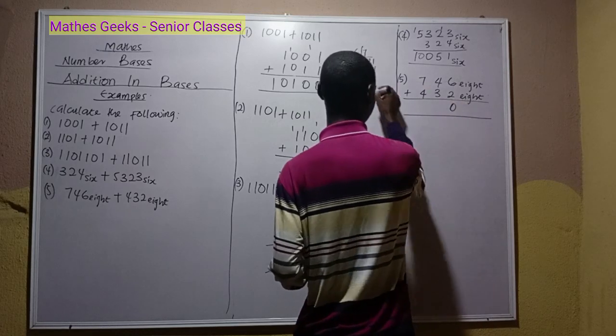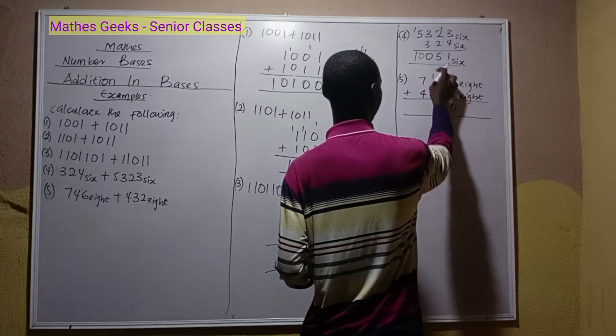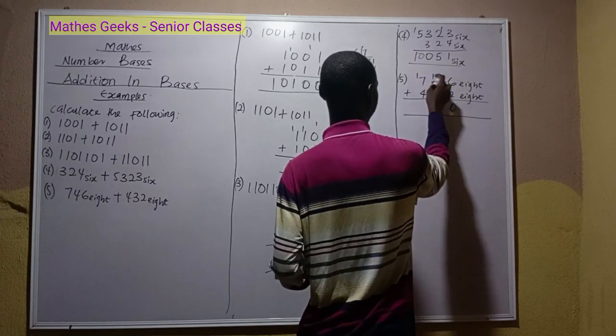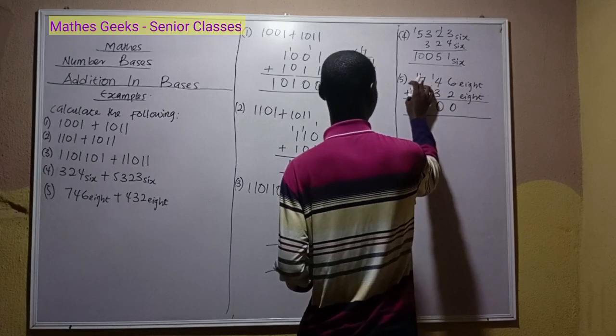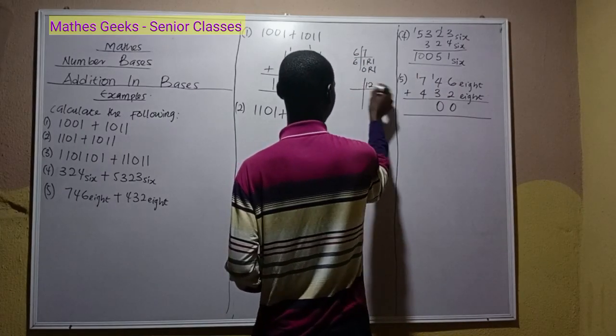Write 0, carry 1 over. 4 plus 2 is 6, plus 1, 7. 7 plus 1 is 8. So it's 10. Write 0, carry 1 over. 7 plus 4 is 11, plus 1, 12. So let's find out what 12 is in base 8.